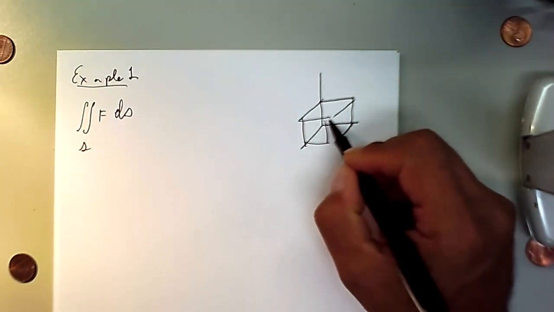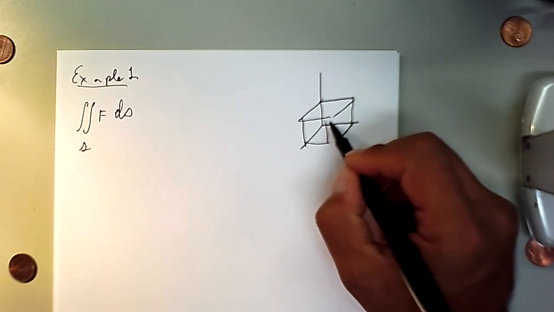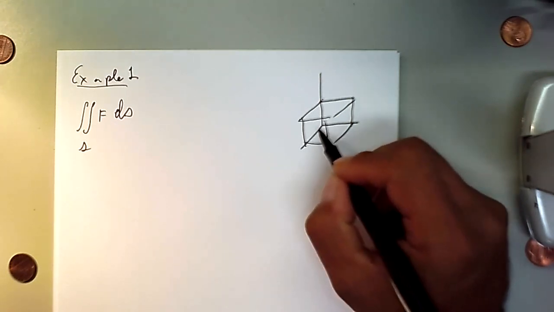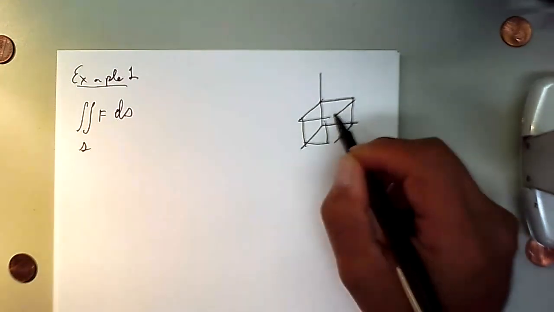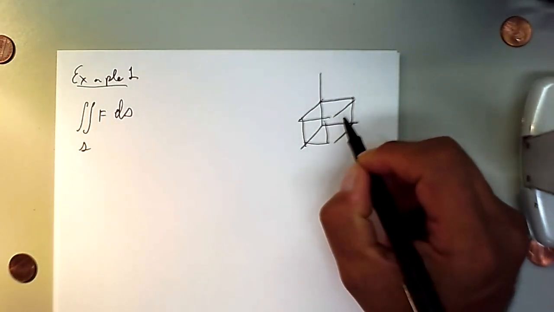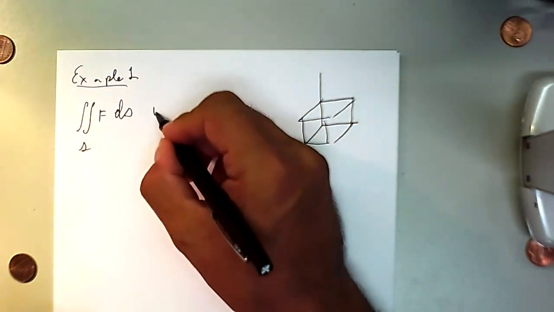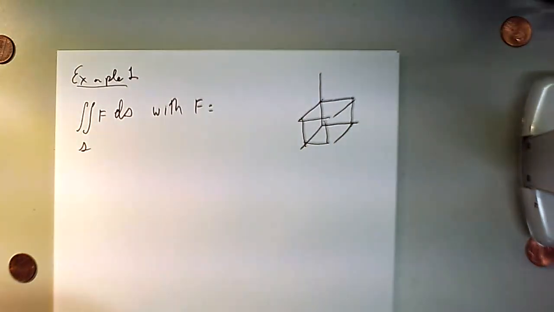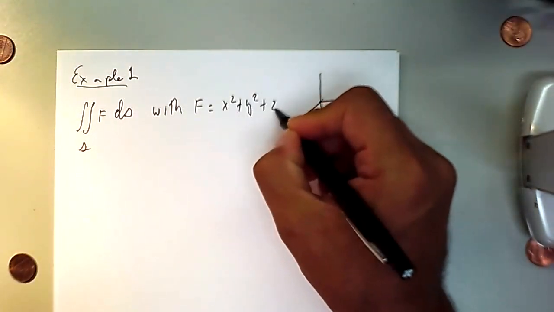The diametrical opposite vertex would be 1, 1, 1. So 0, 0, 0 to 1, 1, 1. Those are two opposite vertices of this. And I have to tell you, f, let's say f is x squared, comma, y squared, comma, z squared.